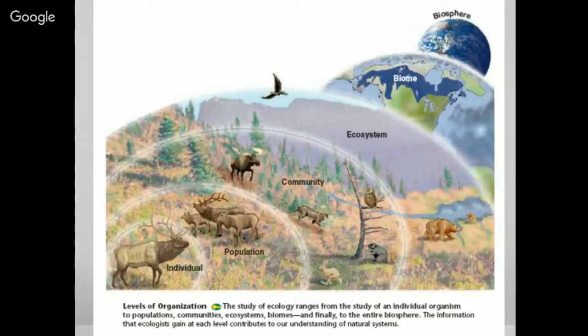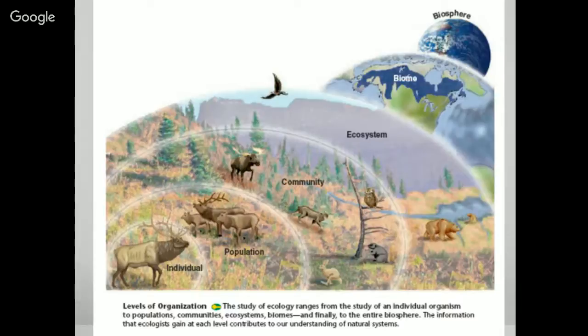For example, in a living organism, the smallest unit is an atom. And then a bunch of atoms together will make a compound. Those compounds come together to make a cell. A group of cells is known as a tissue. A group of tissues is known as an organ. A group of organs is an organ system. And then a group of organ systems is an organism.